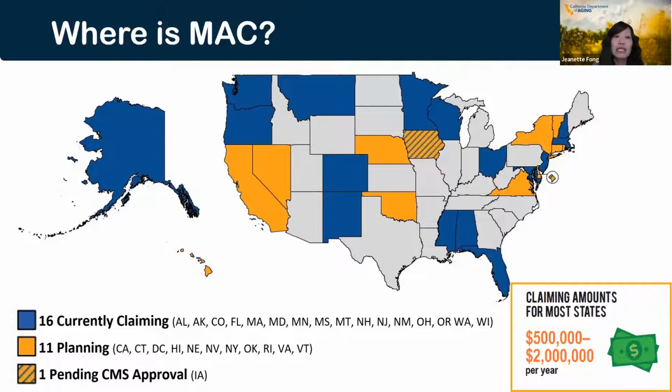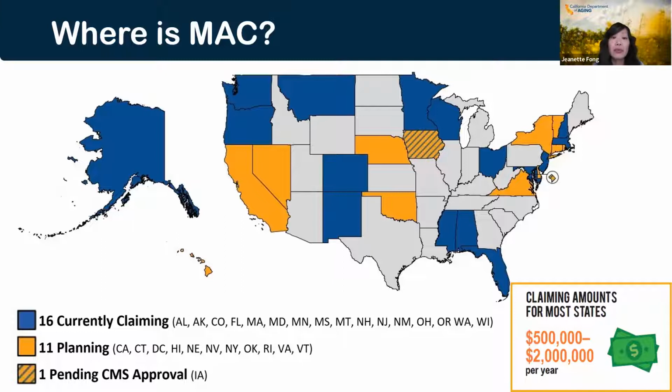So all of those 16 blue states that you see, plus Iowa, are currently getting federal reimbursement and have ADRC staff participating in time studies for MAC. And then there are 11 states in yellow, including California, that are in the planning stages, just like us. So between the blue and yellow states, that's about half the nation.